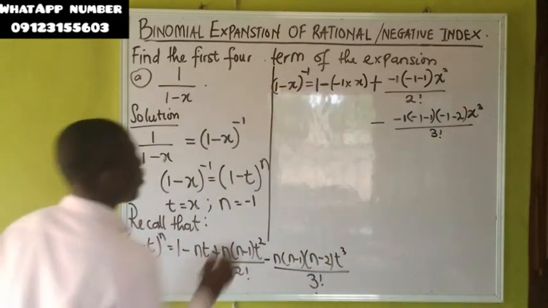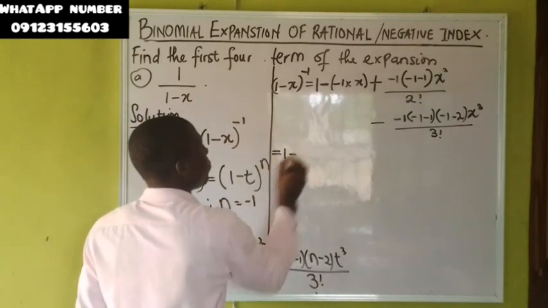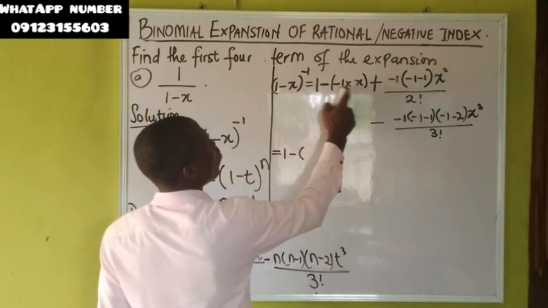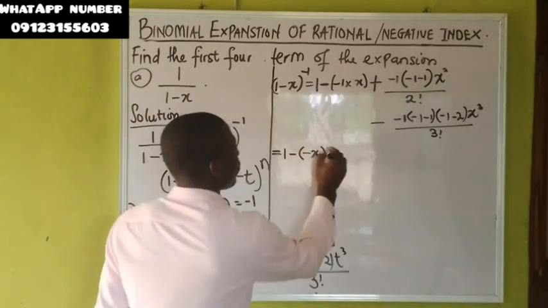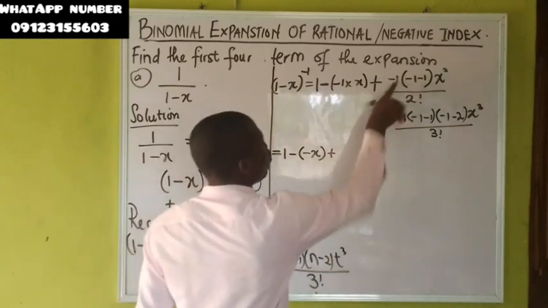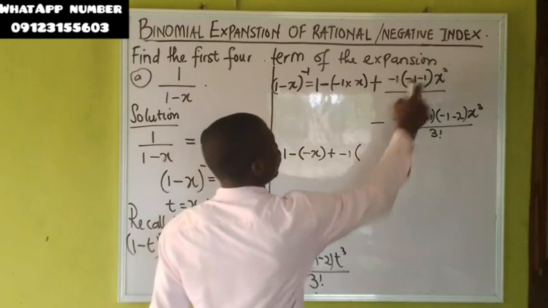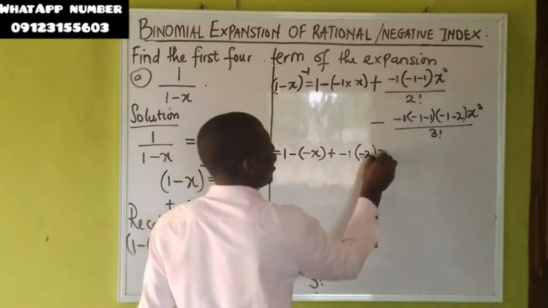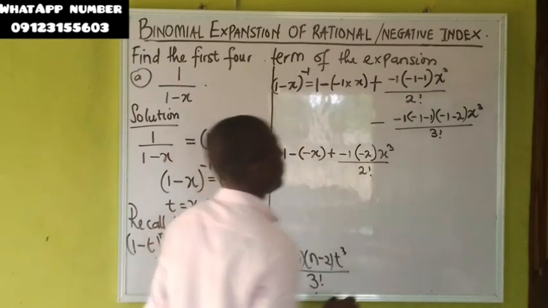So at this stage, if I proceed, I'll have 1 minus into minus 1 times x, I have plus x. Plus minus 1 into minus 1 minus 1, that becomes minus 2 x squared over 2 factorial.